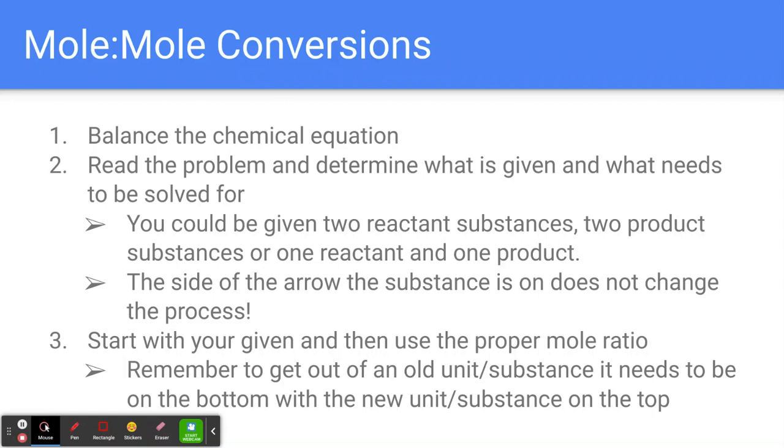The side of the arrow the substance is on does not change the process. So we do the same process no matter which side of the arrow these substances are on, meaning reactants or products. You're going to start with your given and use the proper mole ratio to get out of the old unit and into the new. Remember that the old needs to be on the bottom and the new needs to be on the top.